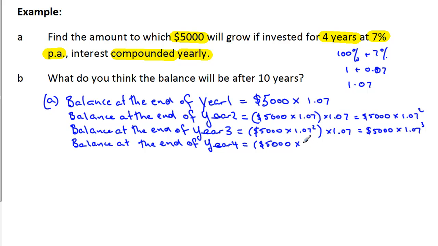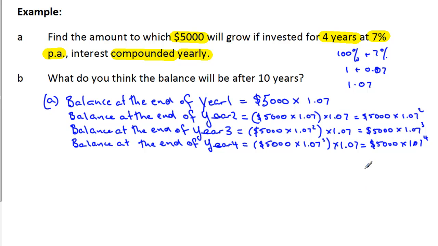We've used the multiplier once here, twice here, 3 times here. So if I put the 3 here and then times it again the 4th time, because it's now 4 years, you'll notice that the final answer is 5,000 times 1.07 to the 4.